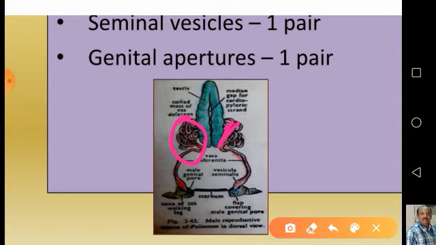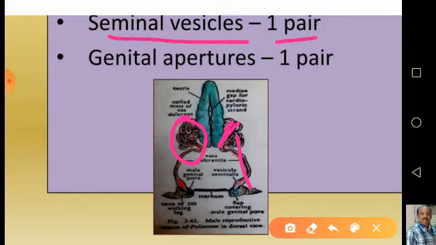It runs vertically downwards, between the abdominal flexor muscles on the inner side and the thoracic wall on the outer side. Then coming to the next part, which is the seminal vesicles.